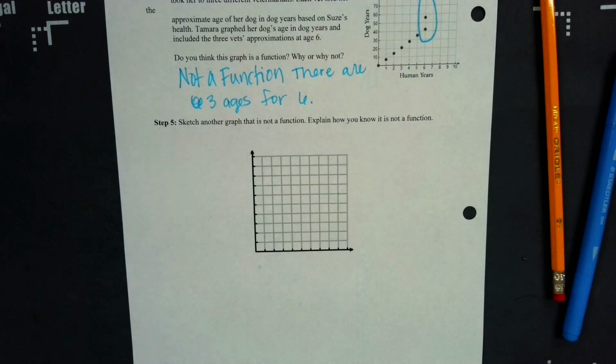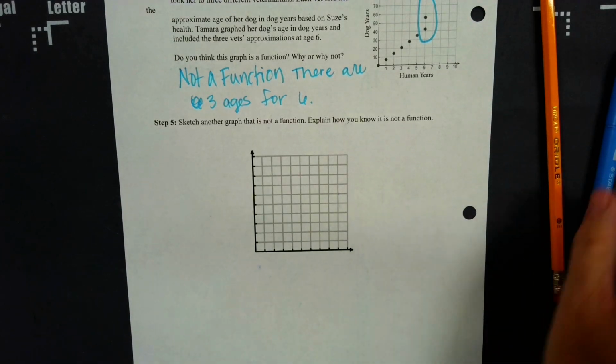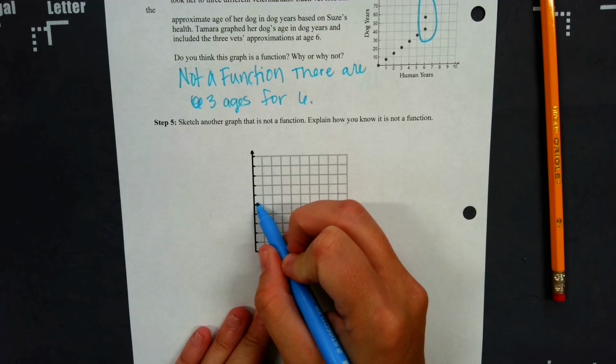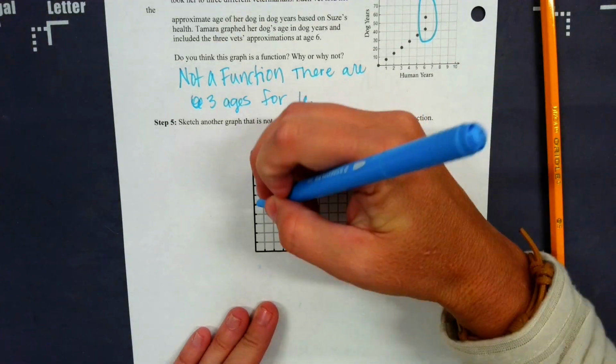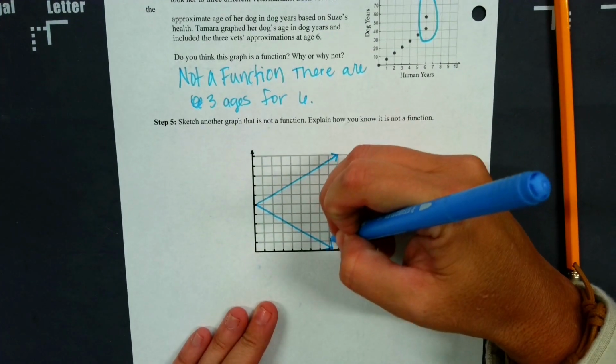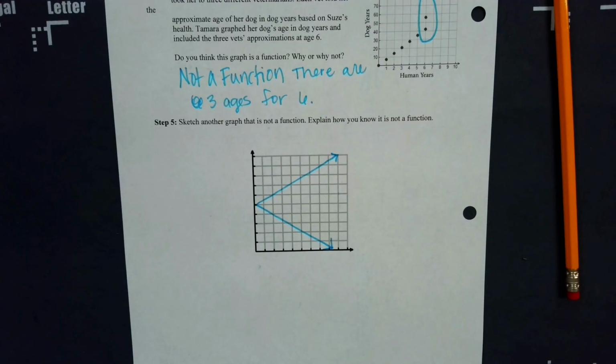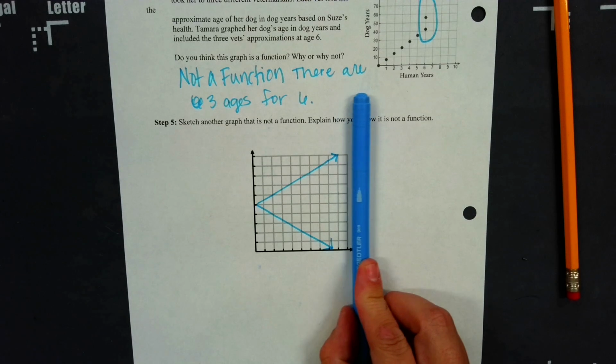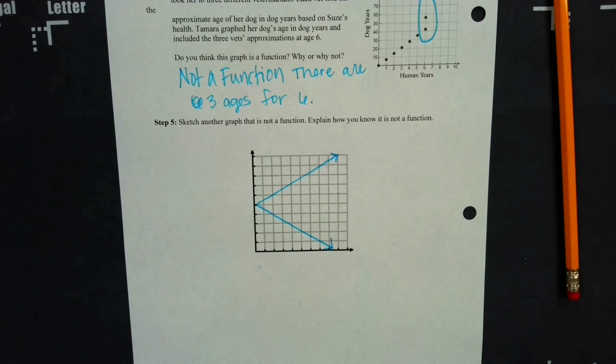Are there an infinite amount of graphs that we could draw? Yeah. What do you think of a graph? What happens if I do this? Function, not a function. Because the whole way I'm hitting 2, right? Okay.